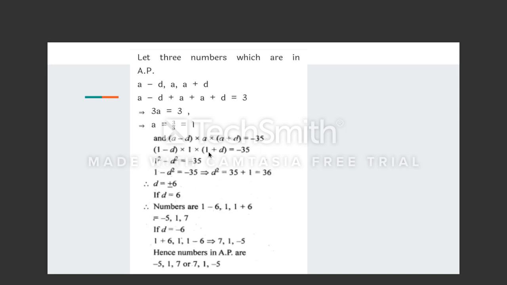So 1 minus D into 1 plus D becomes 1 square minus D square.